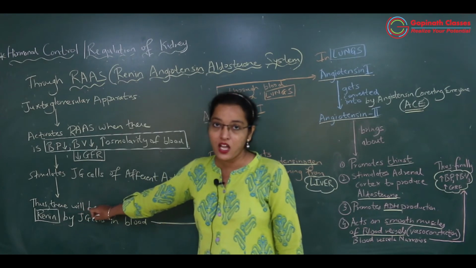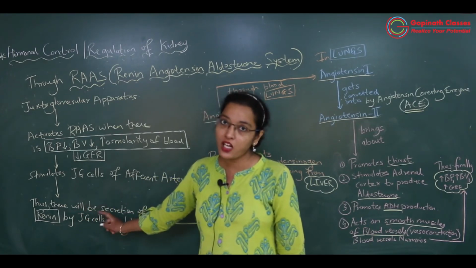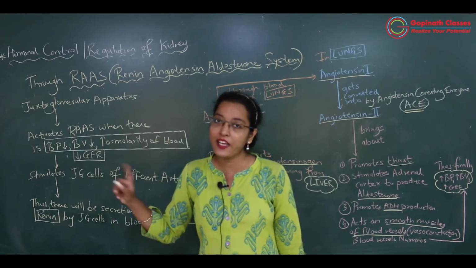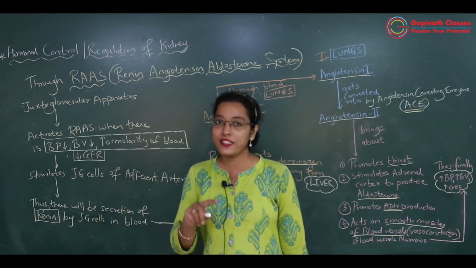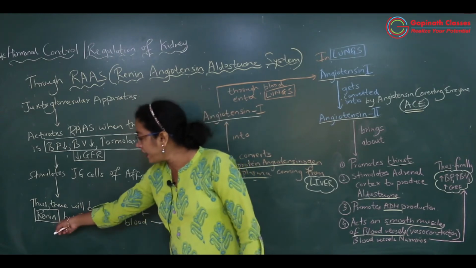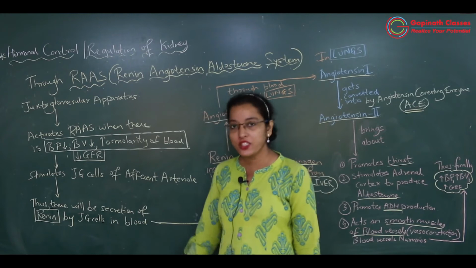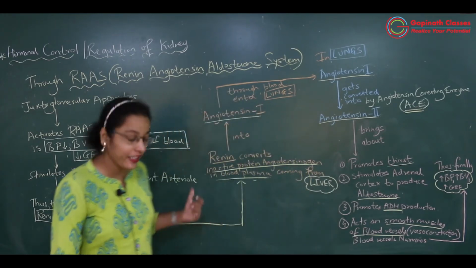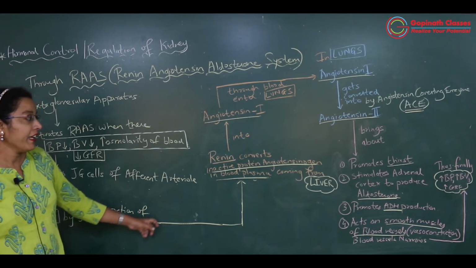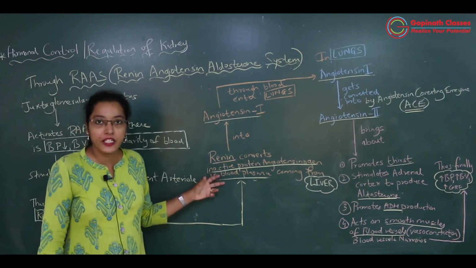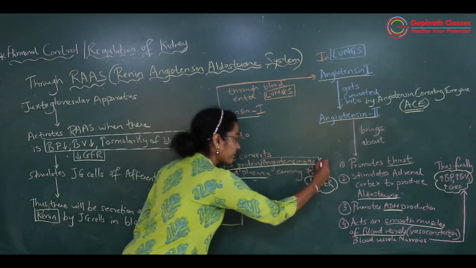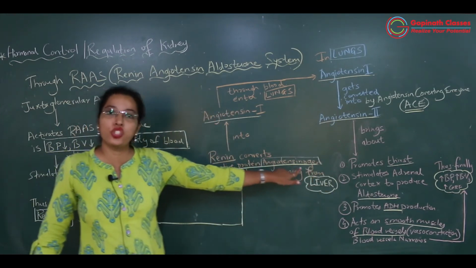Whenever this renin is produced, this renin is different, and the renin in digestion is different. The one in digestion is rennin, and it is an enzyme, and this renin is a hormone. Renin which is produced by the JG cells, what will happen? This renin will enter the blood, and in the blood there is one inactive protein present, and the name of that inactive protein is angiotensinogen.